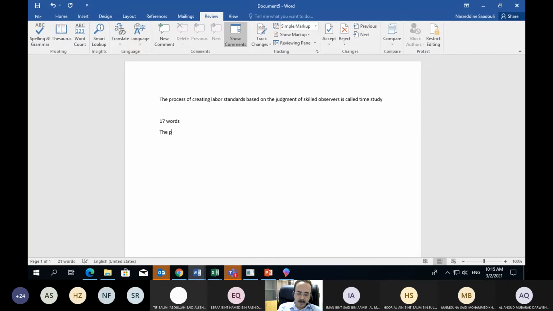The process of creating labor standards based on the judgment of skilled observers is called time study.